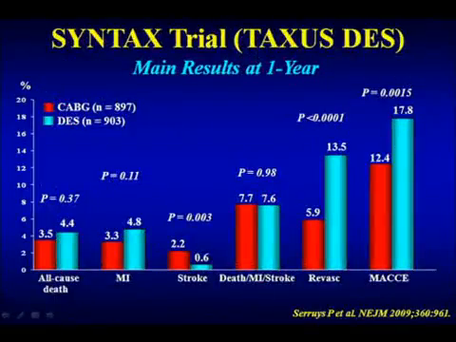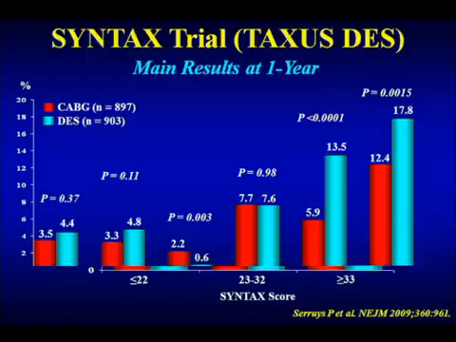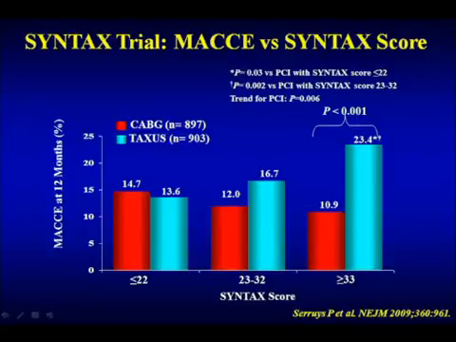This is the data which we have shown, published in NEJM already: death, MI and stroke were identical at 1 year, but clearly revascularization was about 6% higher in the DES group, which drove MACCE in favor of CABG. And of course, once you go to the individual SYNTAX score, 22, 23 to 32, or 33 and above, there was a clear-cut gradient in terms of PCI.